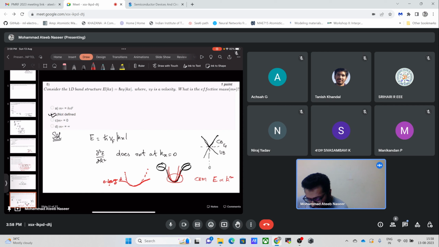Above 0.1 electron volt, I will not be able to fit or characterize a particular material's band structure, as a result of which, if I am using this effective mass approximation to represent this band structure, I will be either overestimating or underestimating its device characteristics.